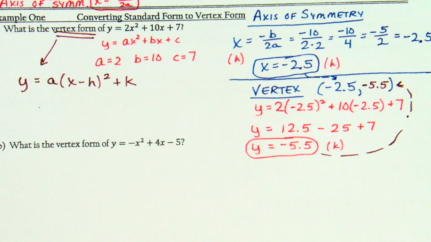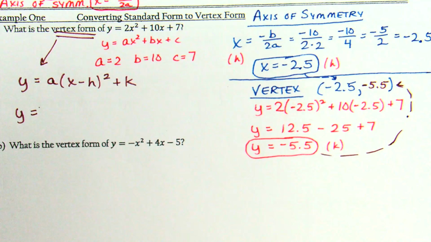No, not yet. Okay, so altogether we need to have h, k, and a. Do we have h and k? Yeah, that's my vertex, right? Do we have a? Does a come from the standard form? We do have a.